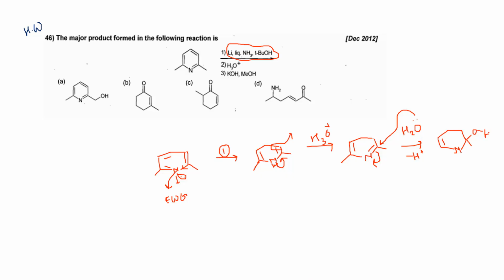From this OH, after that, this OH comes here and breaks this carbon nitrogen bond and forms a ketone, to form an NH2 and a ketone here.